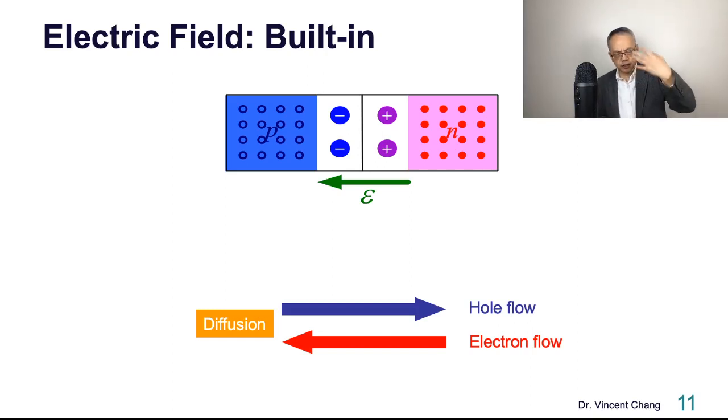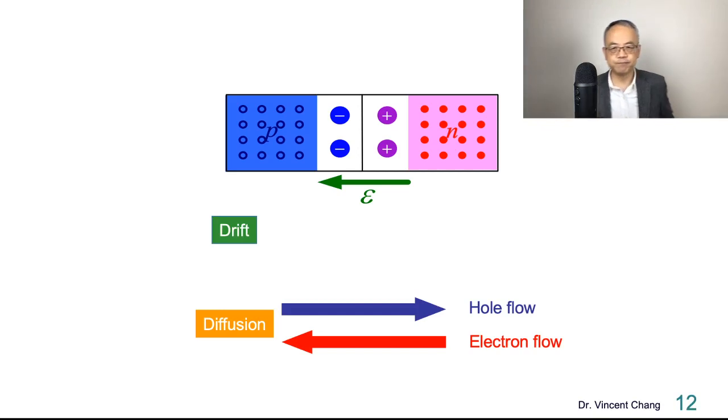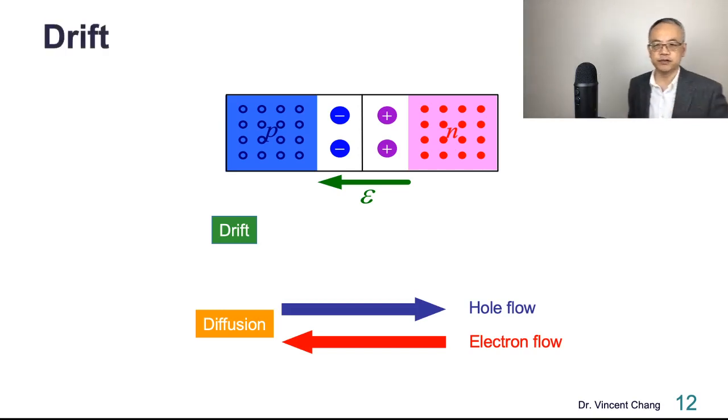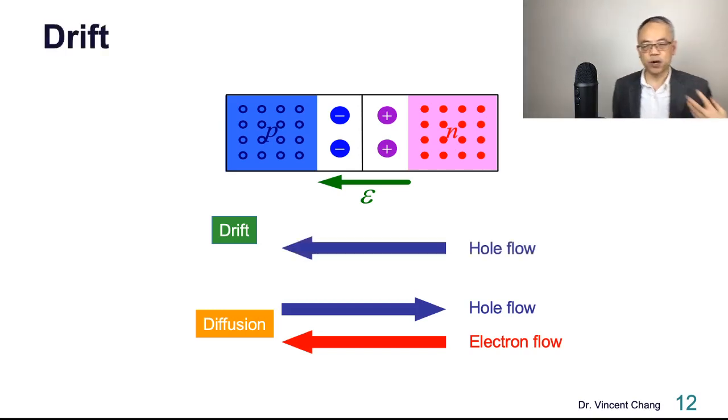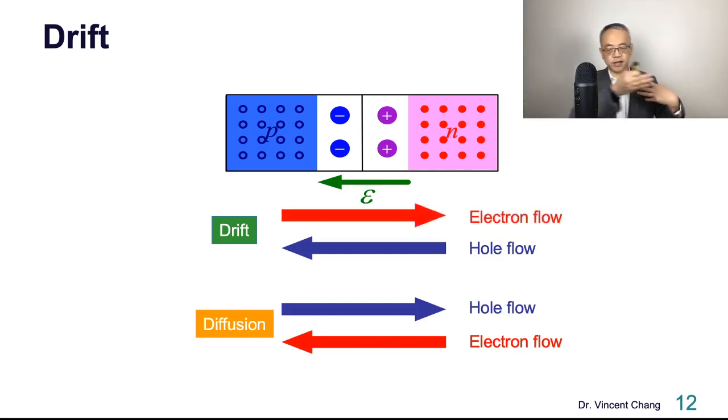So when you see the electric field, you think about what? It reminds you of another counter force called drift. With drift, we know the hole is going to move along the electric field in the same direction, while the electron is going to move in the opposite direction to the electric field, right?